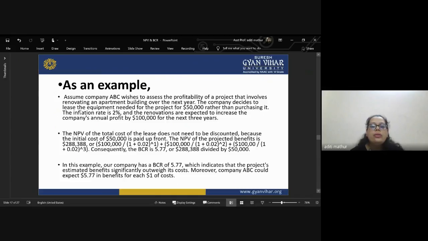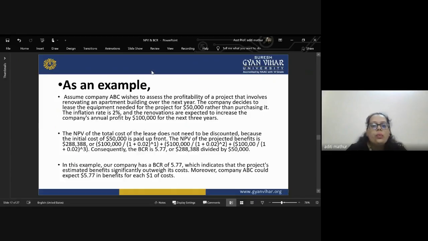The inflation rate is 2%, and the renovations are expected to increase the company's annual profit by $1 lakh for the next 3 years, right?